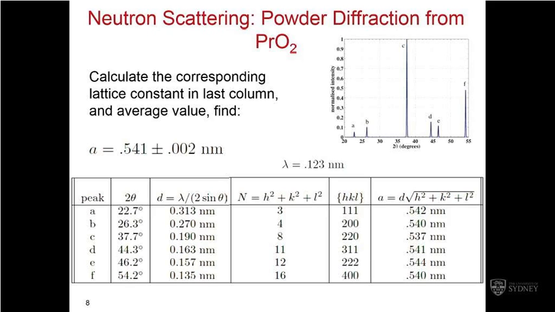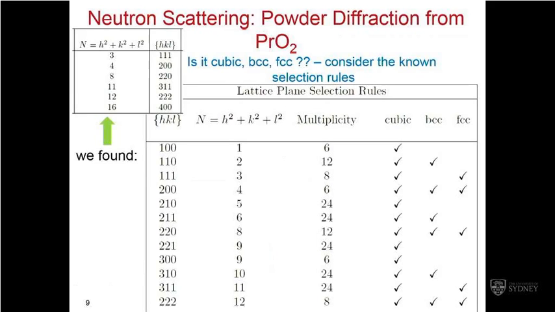But what about the structure? So let's just look, having labeled the HKL, they are summarized up here. And then if we make a table with all possible Miller indices, starting from the lowest index down to the higher ones, and working out the n that corresponds to them, writing down the multiplicity, we don't need that for what we're doing.